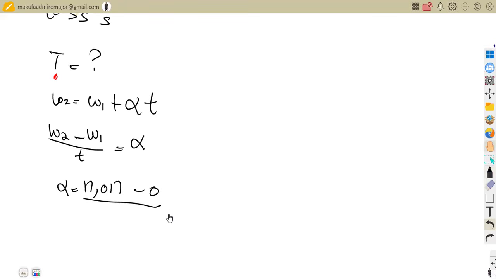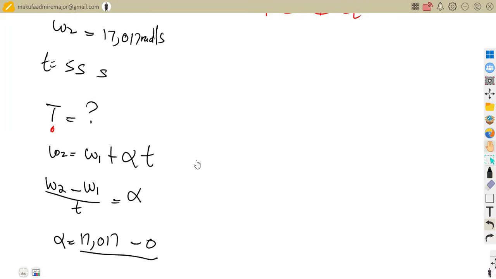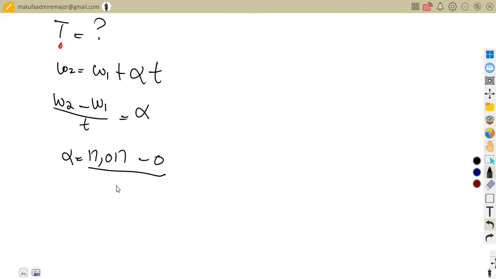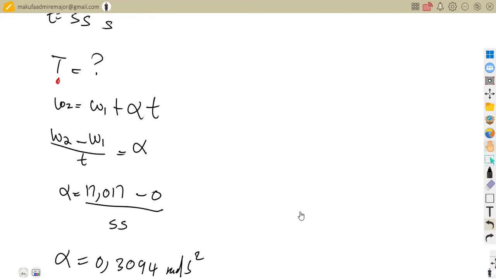The time frame taken there was 55 seconds. That gives us 0.309494 rad per square second.